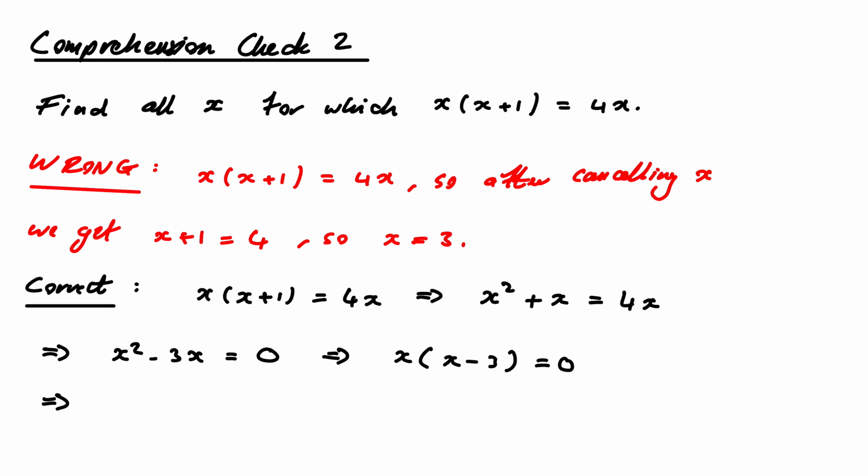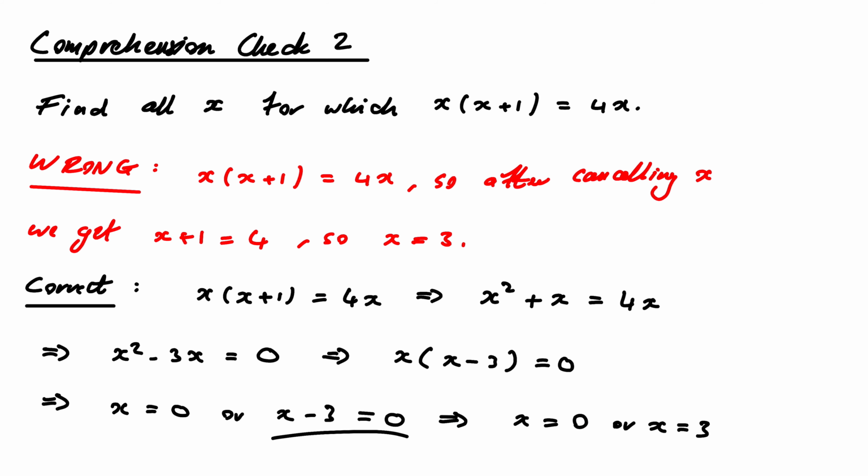So this implies that x is equal to 0, or x minus 3 is equal to 0, which of course finally implies x is equal to 0, or x is equal to 3, adding 3 to both sides of this equation. So the crucial thing really is basic manipulation of the equality using our laws of algebra, and then at this point invoking the zero product property.